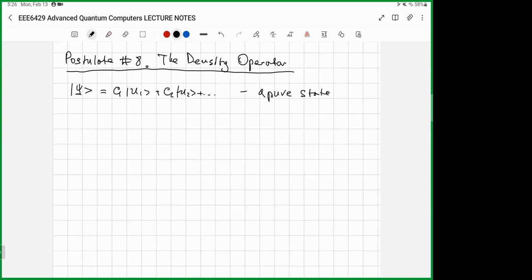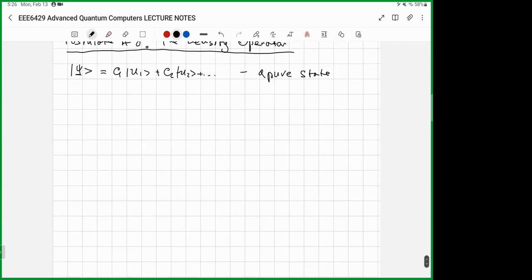Pure state means that we know everything about the system to describe it perfectly.